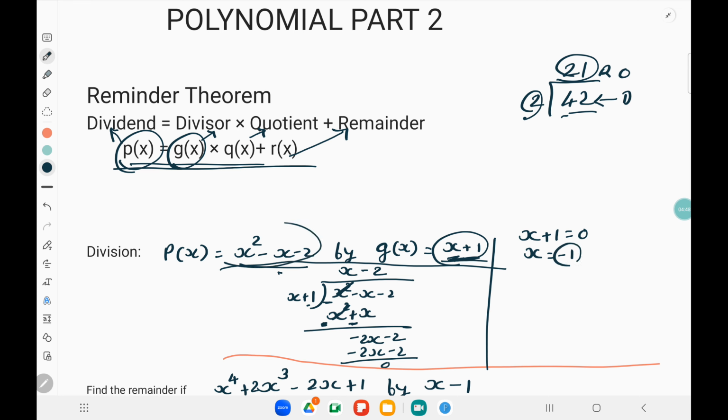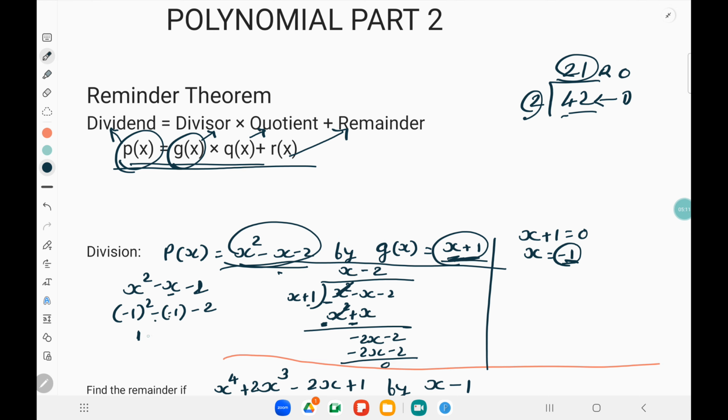So here in this dividend we put the x value, we replace x by minus 1. So here x square becomes minus 1 square, minus minus 1, just replacing x by this minus 1 value. Okay, the 2 as it is. So minus 1 square becomes 1.